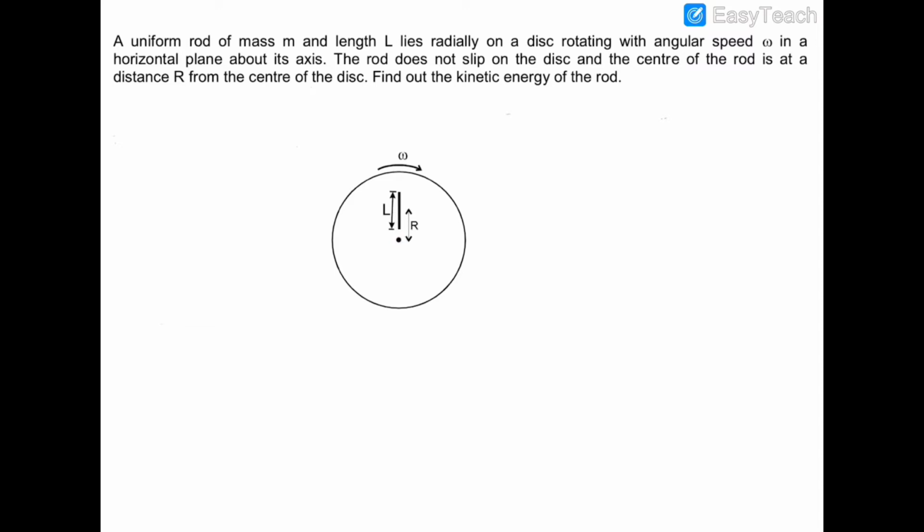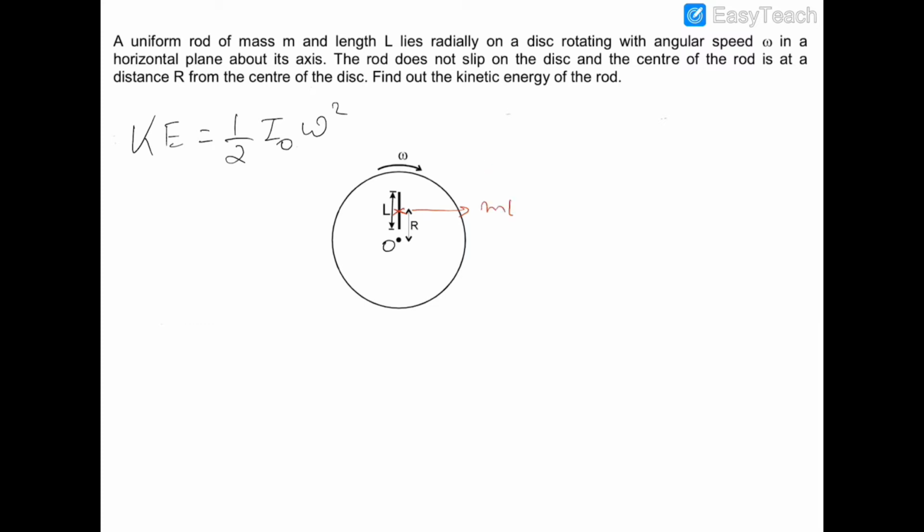Now we have to find out the kinetic energy of the rod. So the kinetic energy of the rod can be determined by the formula half I omega square, but this I should be about this point O. So the moment of inertia of the rod about its own center is mL square by 12.